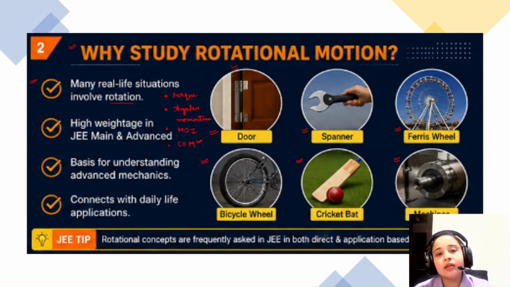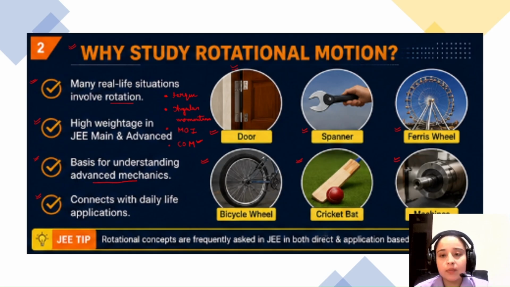That's why rotational motion is a very important foundation of higher mechanics, right? And of course it has very high weightage in JEE Main and Advanced. In order to understand advanced mechanics, we need to understand rotational motion. And you can also connect this rotational motion with your daily life examples, applications, you can say.